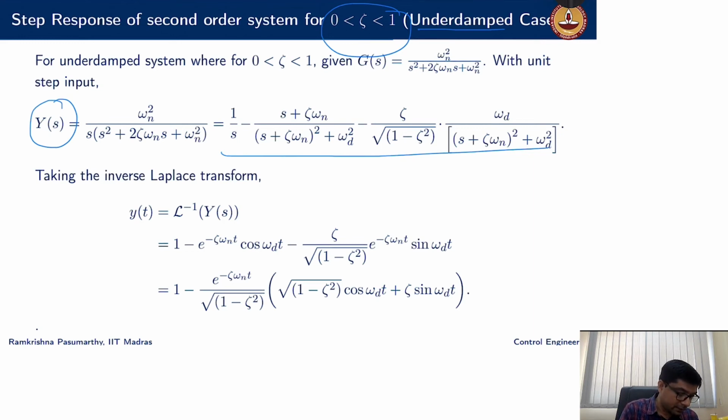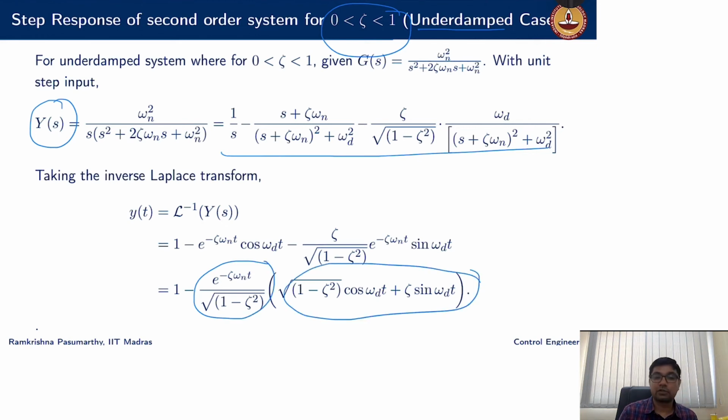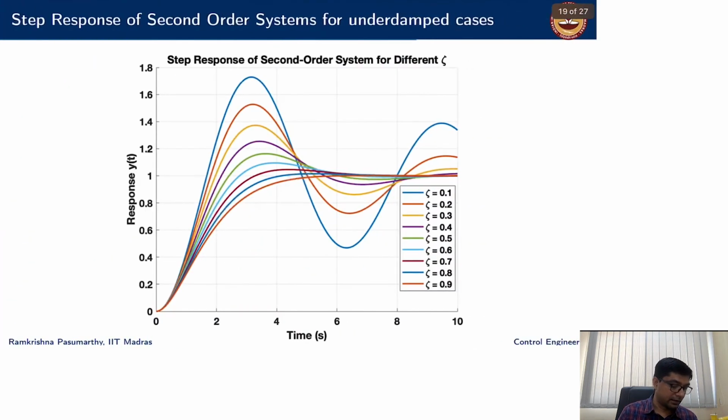So now I have again the same thing. I have an exponentially decaying term and I have some sinusoidal terms. The response now we are a little more adept at visualizing. For a small zeta, my system goes up to maybe some 1.7. It keeps on oscillating and then the oscillations die down.